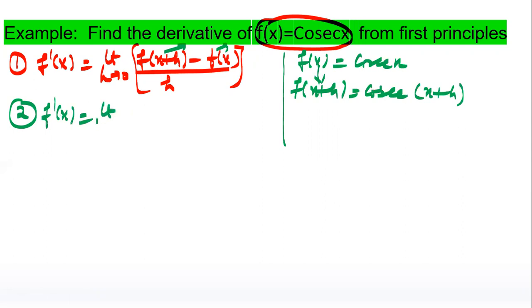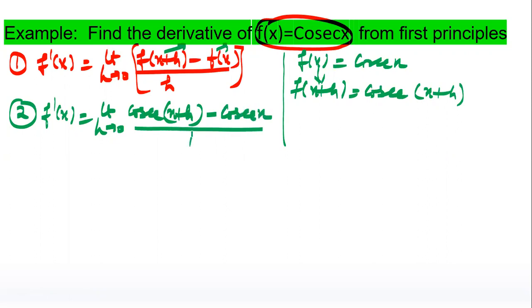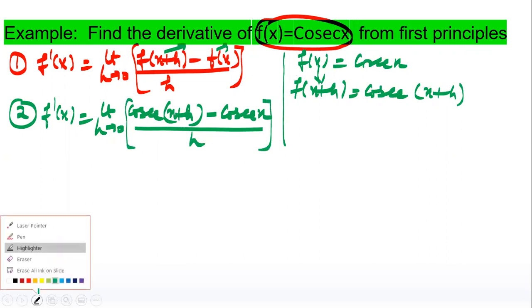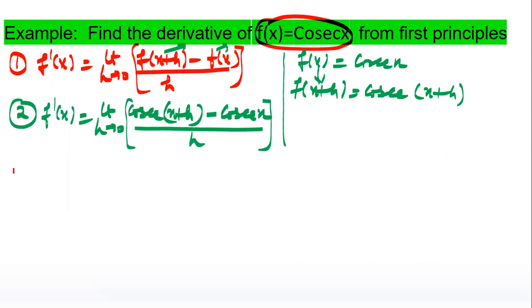Limit h tends to 0, cosec(x+h) minus cosec x upon h. Now substitute the value. Simplify this. f'(x), limit h tends to 0.